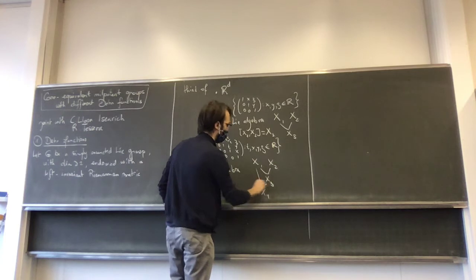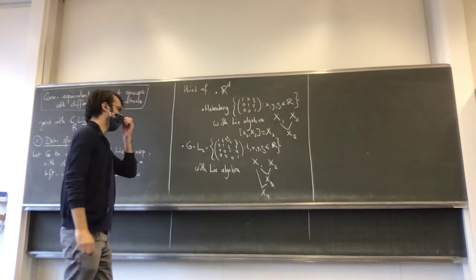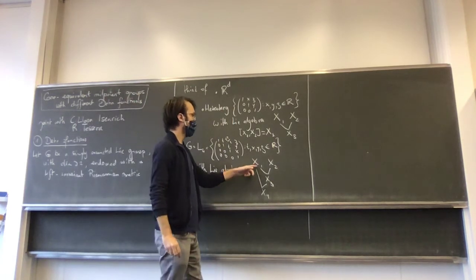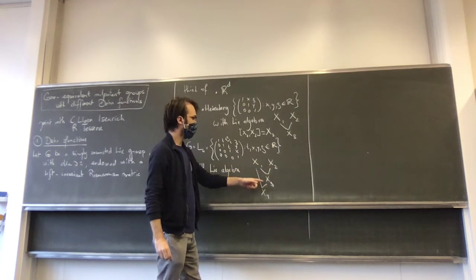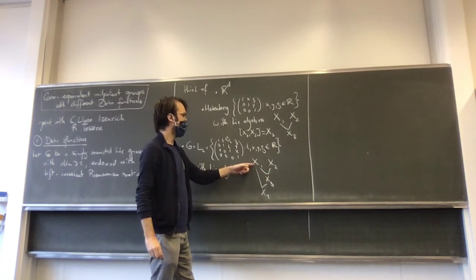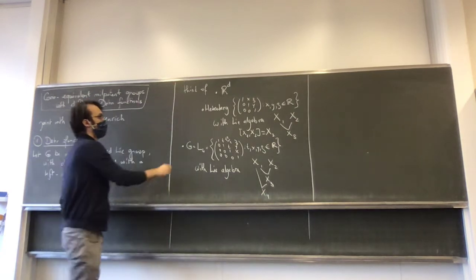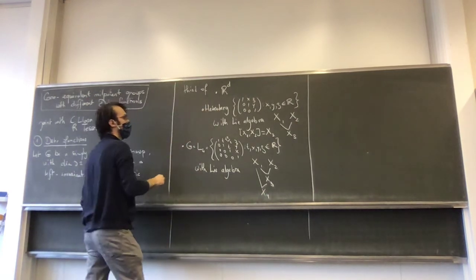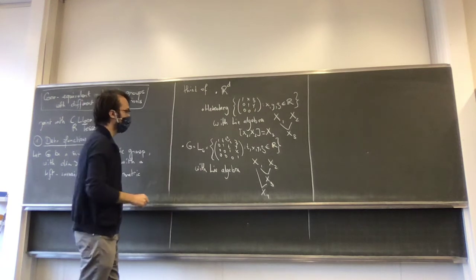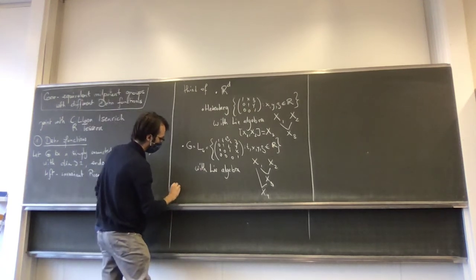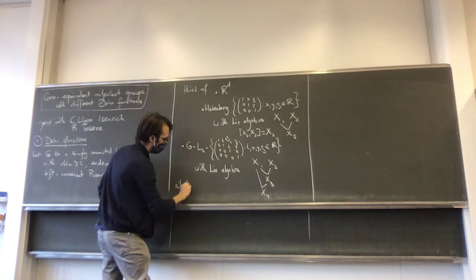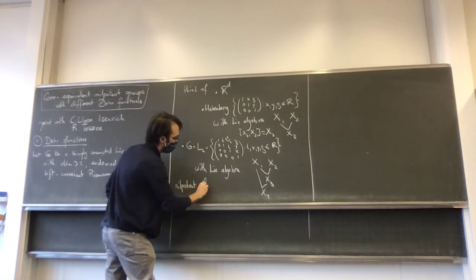The two non-zero brackets are: the bracket of x1 with x2 is equal to x3, and the bracket of x1 with x3 is equal to x4. So the Heisenberg group is nilpotent of class 2, and this group is nilpotent of nilpotency class 3.